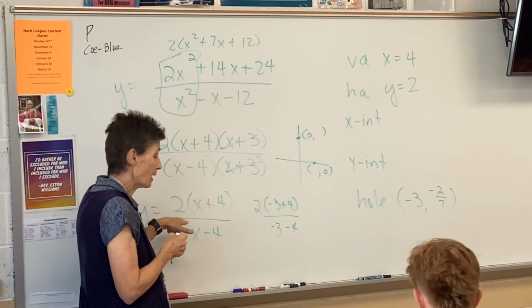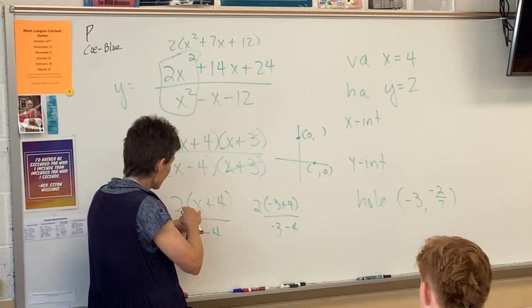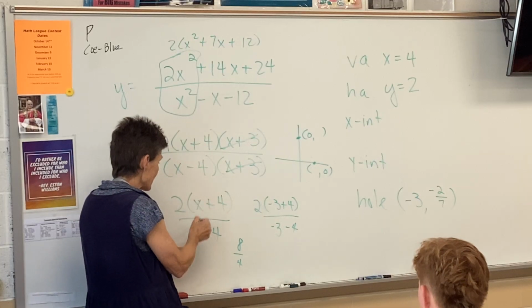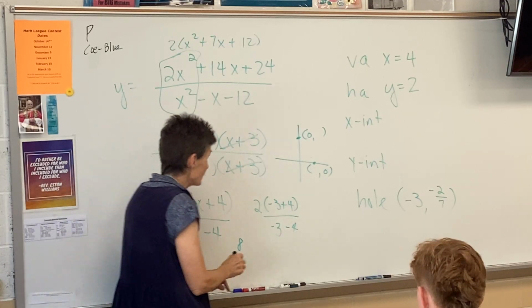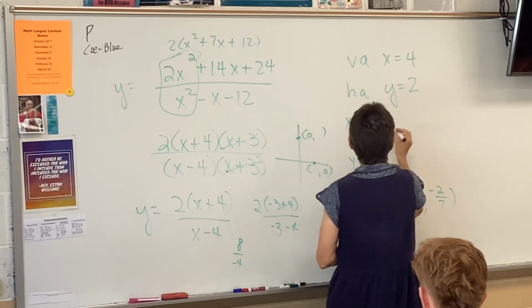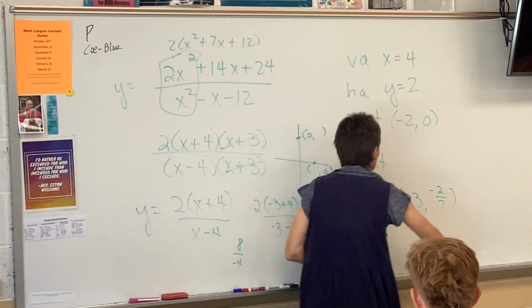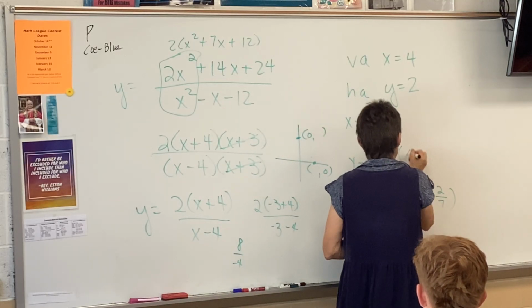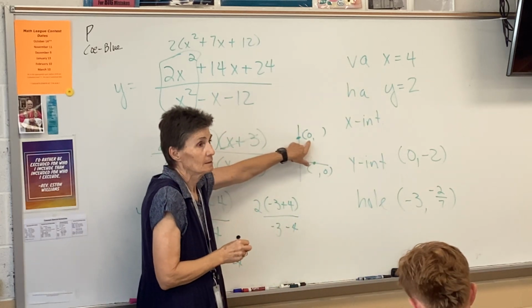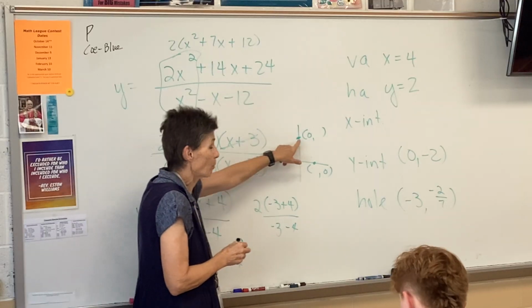So if I put in 0 for x, I get 8 over -4, which is -2. So 0, comma -2. I put 0 in for x, and I got -2 out of that. So that was this one.